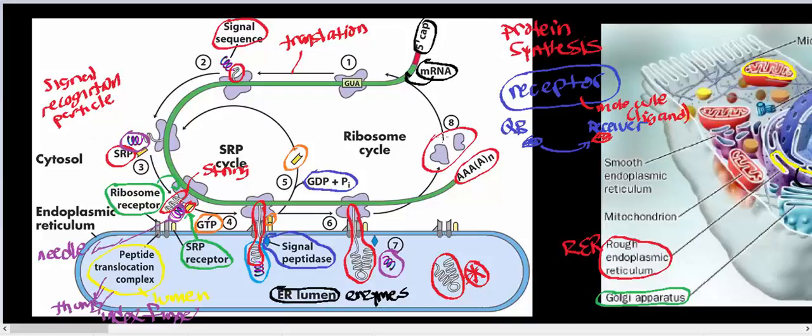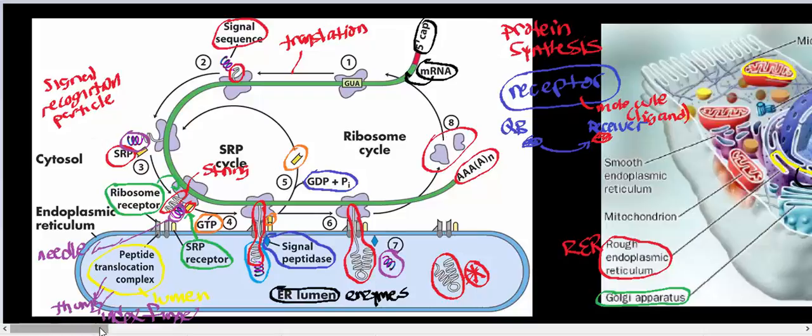You hit the stop codon, and then you get release factor. We talked about that in a previous video, and the ribosome dissociates. Okay, so all the rules of the ribosome are still applicable here. The difference is this particular type of ribosome in this context binds to the rough ER membrane.